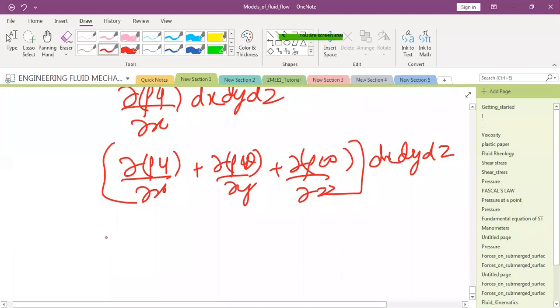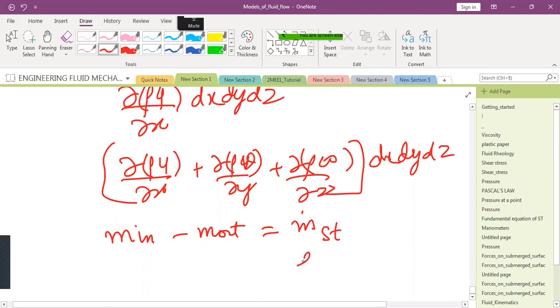Now you know that this is the rate at which it is efflux, and you know that mass in minus mass out should be equal to rate of change of mass stored. And what is mass stored? Rho into volume. So volume is what? dx dy dz. This is at rate, so this is by delta t.